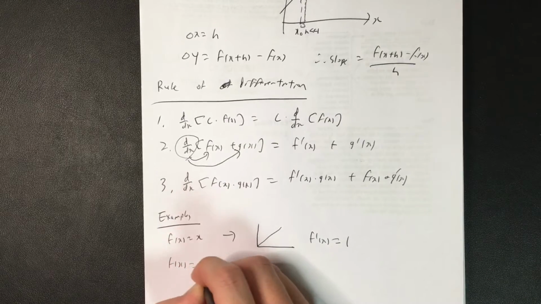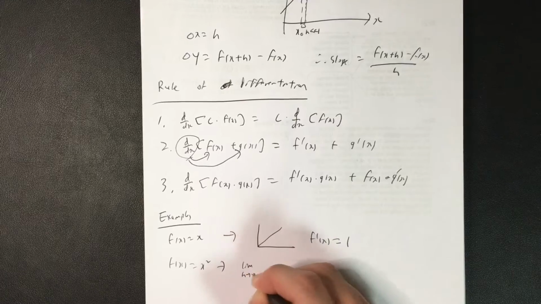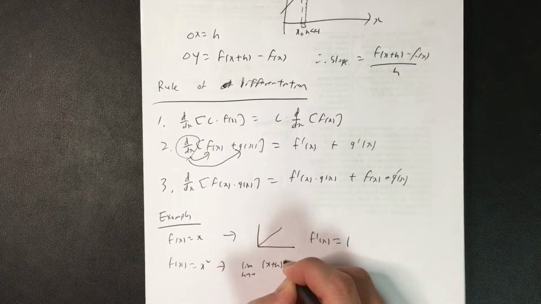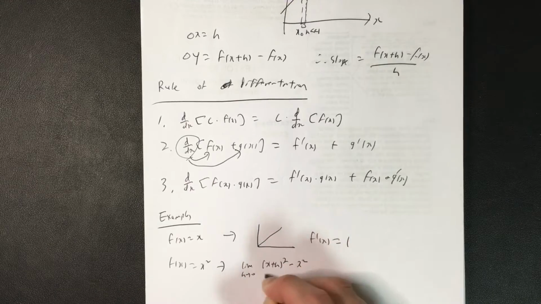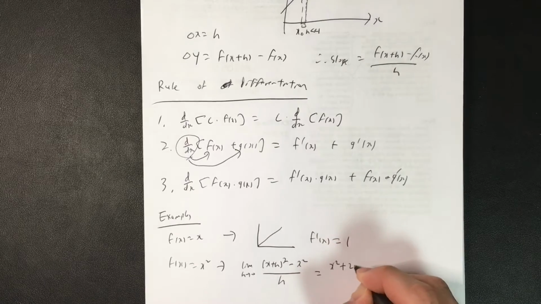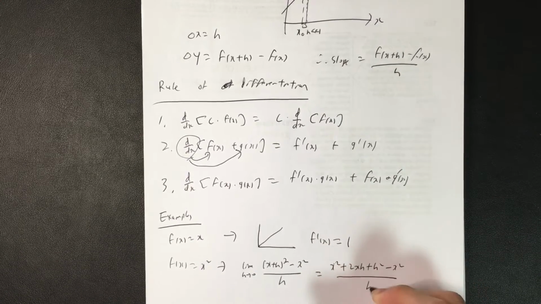If f of x equals x squared, then we plug it into the definition of derivative, which is the limit as h goes to 0 of x plus h squared minus x squared over h. If we expand this, it is x squared plus 2xh plus h squared minus x squared over h.